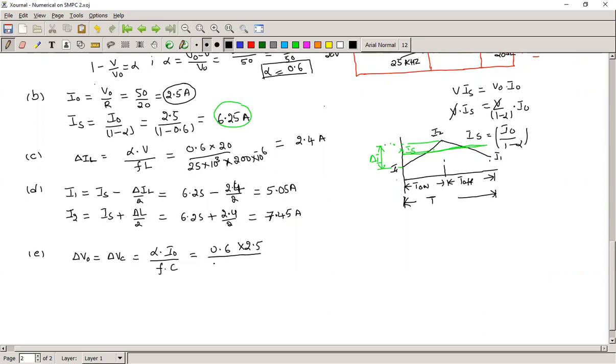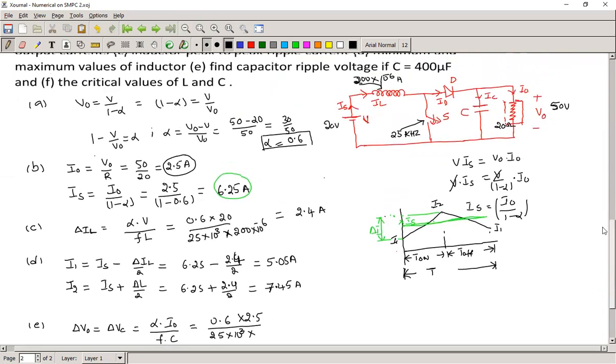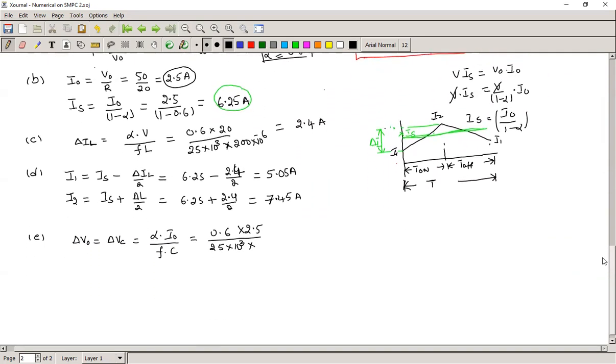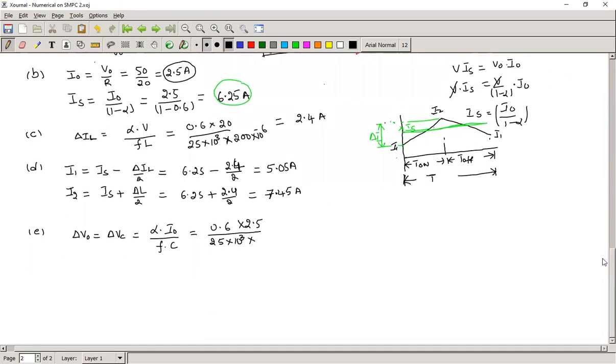Switching frequency is given as 25 kilohertz, into the capacitance value, 400 microfarads, that is given in the problem. We converted the 400 into farads. We are getting the value 150 millivolts.